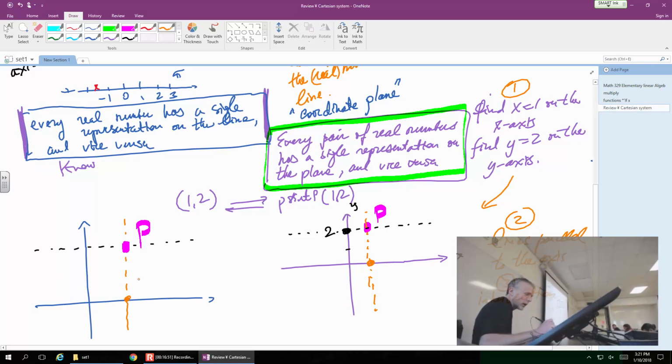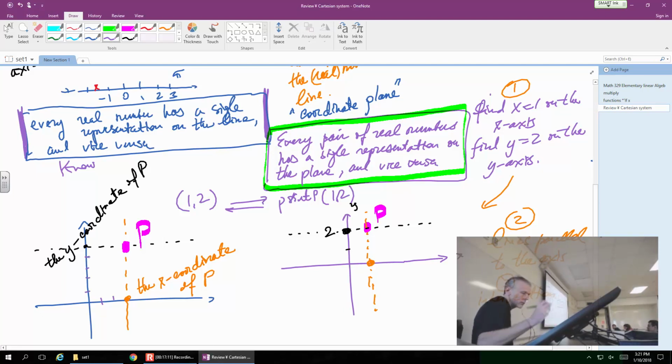So this is the x coordinate of P, and this is the y coordinate of P. Through this geometric construction, we discovered that P has coordinates that appear to be 3 and 5. Okay, so it goes backwards, and that works out fine.